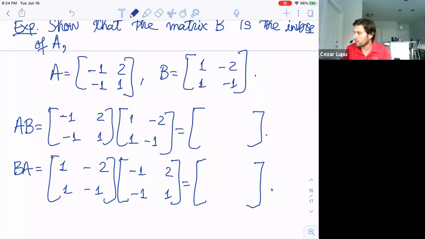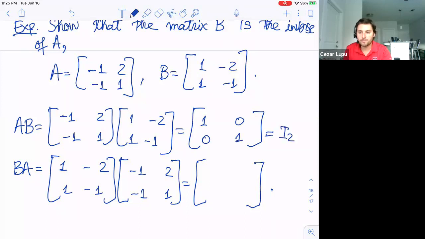Well, when you multiply these two, what do you have? Do you have -1 times 1 plus 2 times 1, which will give us 1? Then you'll have -1 times -2, which is 2, plus 2 times -1, which will give us 0. Then the same here will have 0. This will have 1. Wow, it's the identity.